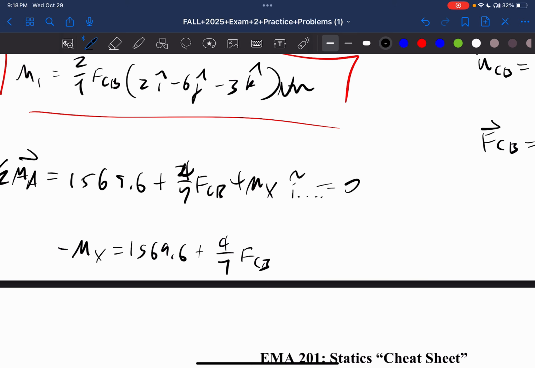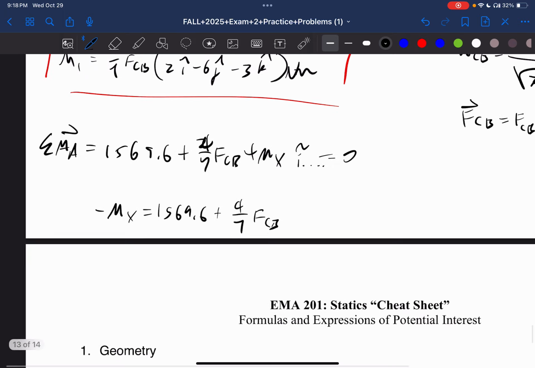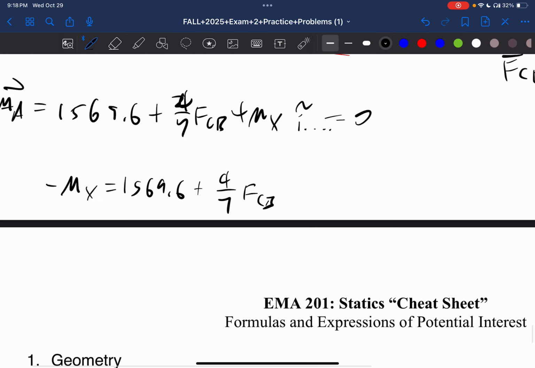Let's see here. From here, you can solve. You can get a ratio, right? 6/7 FCB is equal to negative. What am I doing?